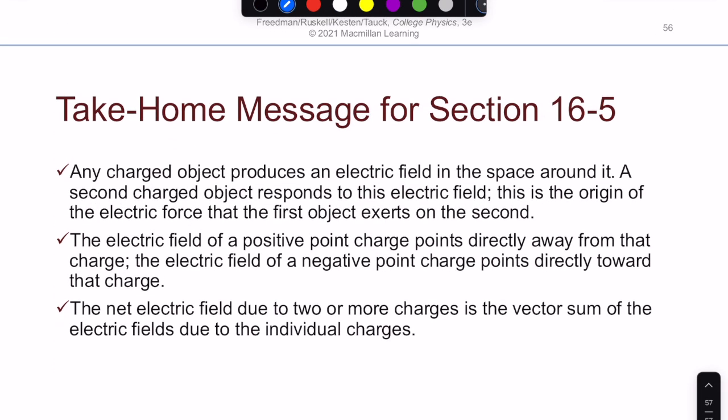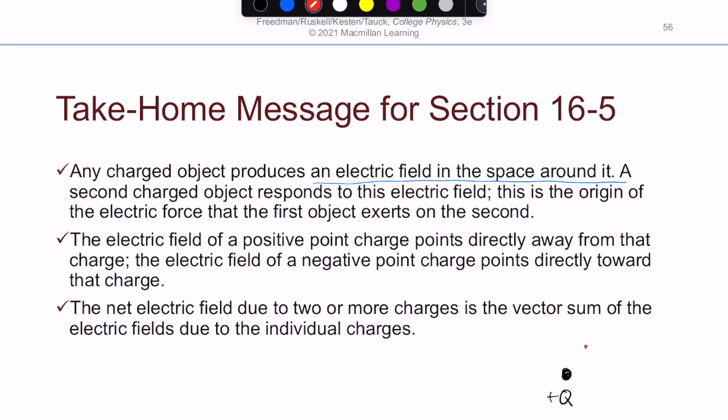So, to wrap up our little foray with electric fields, any charged object produces an electric field in space around it, at any point around it. So any charge Q, let's just say it's positive, is going to have an electric field vector right here pointing directly away, right here pointing directly away, right here, right here, pointing directly away.